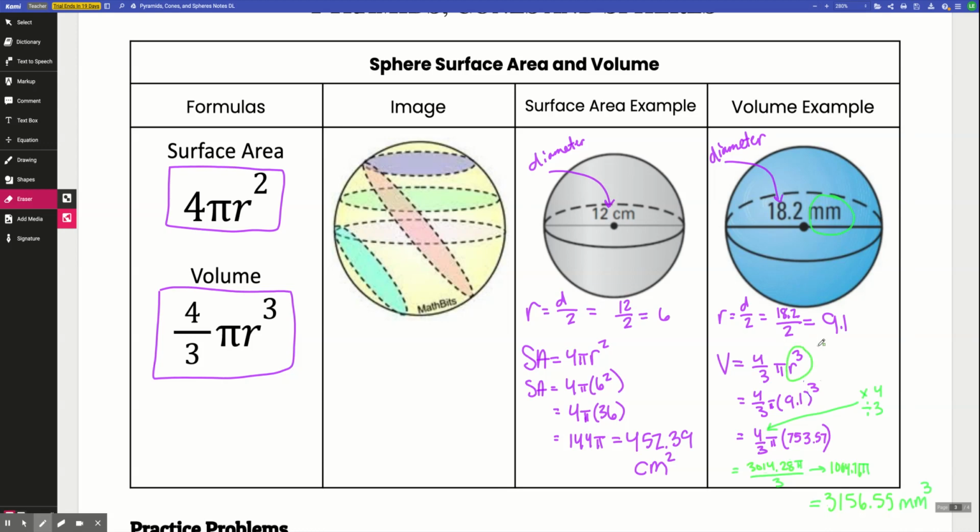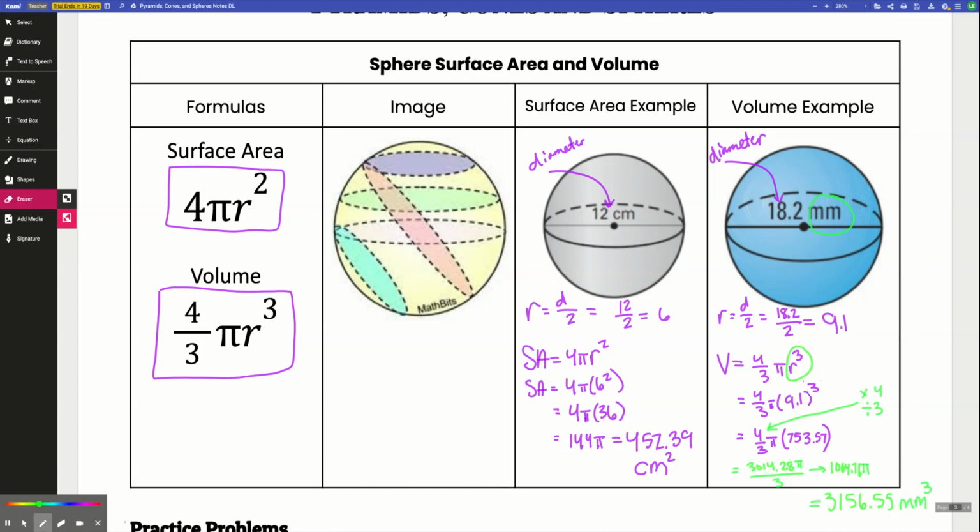Okay, very important. Another thing that people mess up pretty easily, especially with volume, is that 4/3 at the front. So my advice would be to deal with the cubed radius first, then whatever you get, multiply it by 4, and then divide that result by 3.